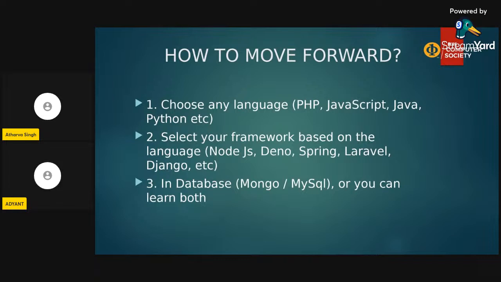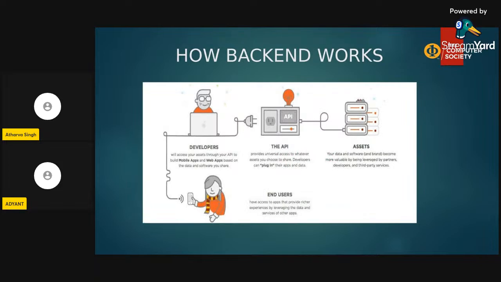But if you are more interested in the logical part of it, then you can opt out of the MERN stack and go through different pathways also. So this is the basic structure of how backend works.